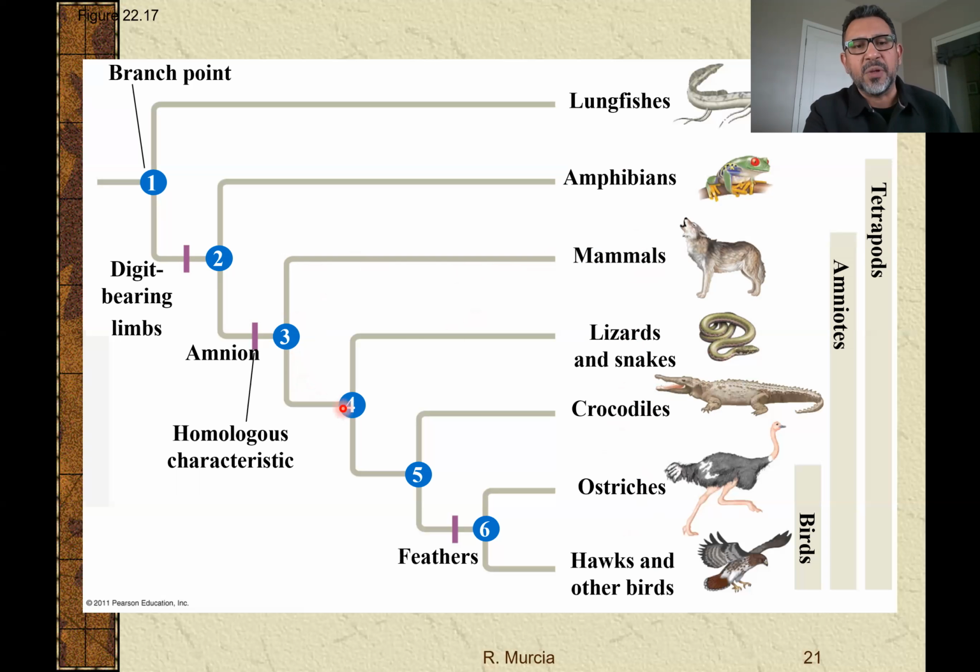For example, a new derived trait we see appearing in some of these descendants coming from this node or branching point of divergence is the presence of feathers. And so feathers are present in ostriches, hawks, and other birds, but they're not present in the other amniotes we have here.